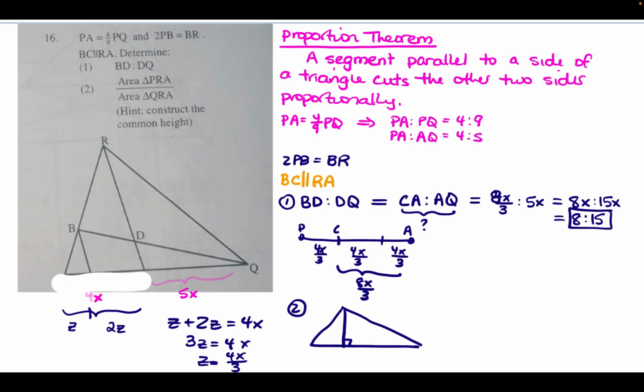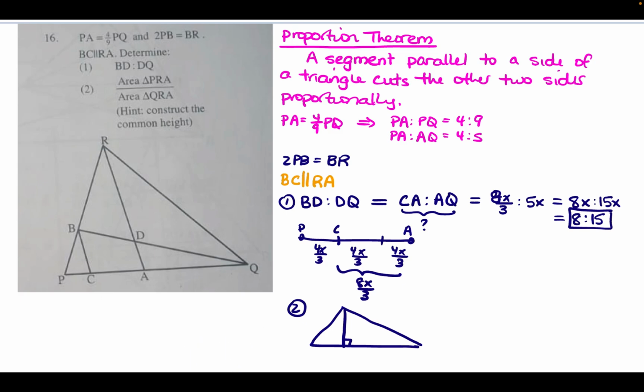Just erase everything here. The two triangles we're considering here are PRA, oh my, PRA, there we go, and QRA.